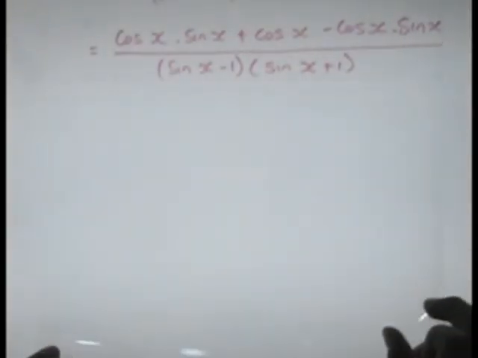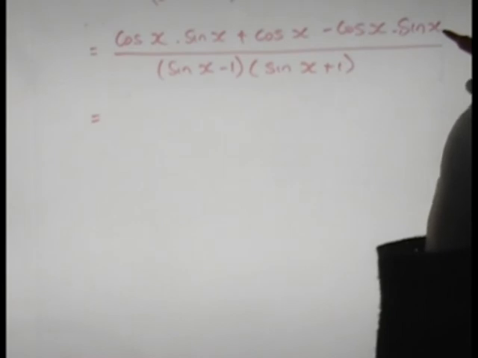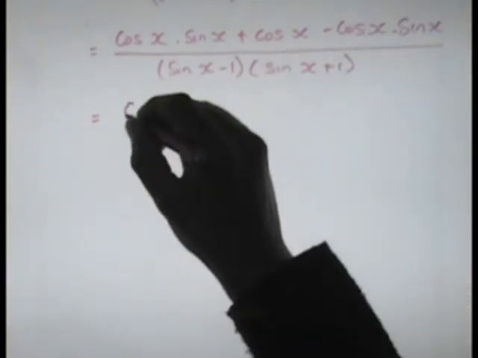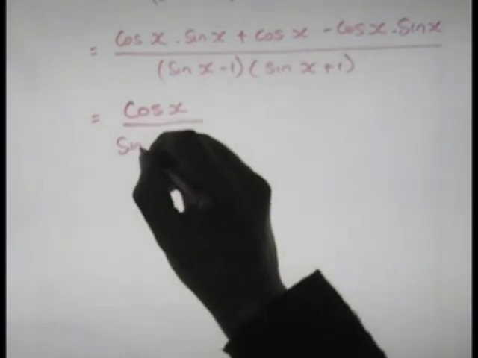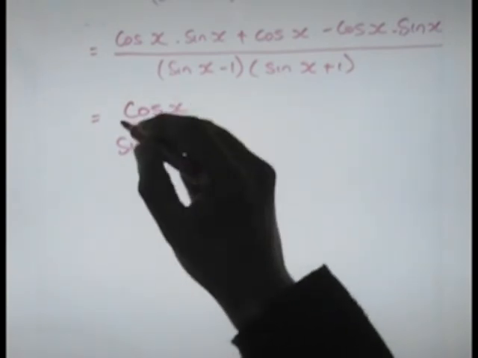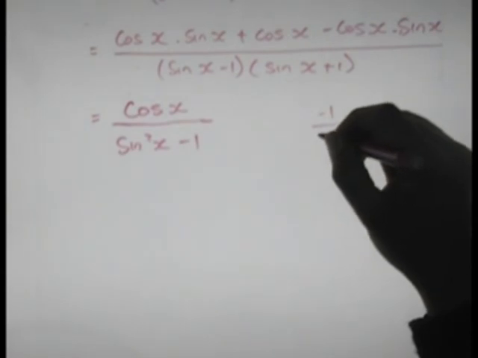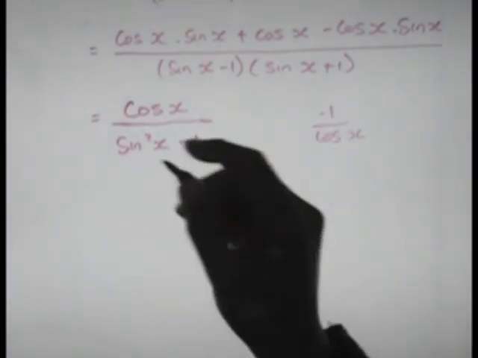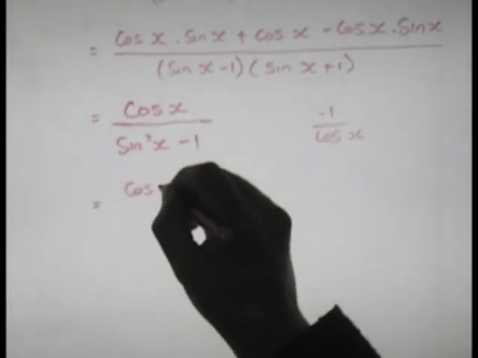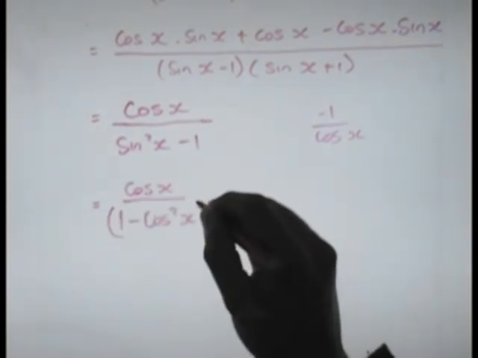Moving on from that step, cos x sin x minus cos x sin x cancels each other out, so that leaves us with cos x over sin x minus 1 sin x plus 1, which can become sin squared x minus 1, difference of two squares. Now let's take a look back at what we're trying to get to. We're trying to get to negative 1 over cos x. So I'm going to convert the sine squared x into 1 minus cos squared x, minus 1.